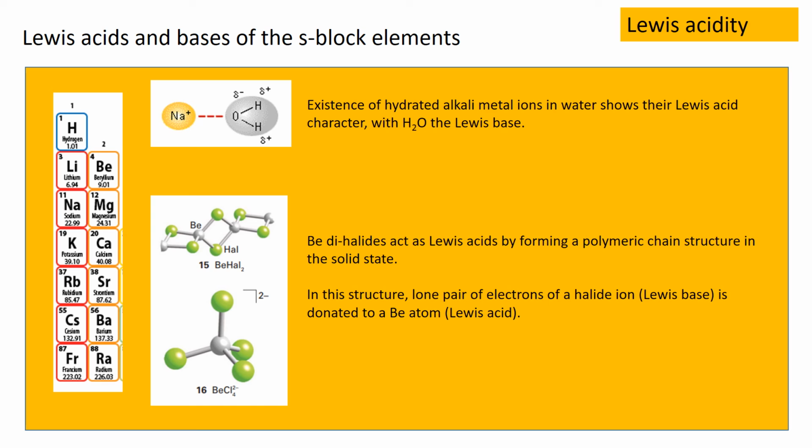Sodium reacts very vigorously and is very easily solubilized in water, and it exists as a sodium ion in water surrounded by a hydration shell in which they are accepting electron pairs, if you like, from water.